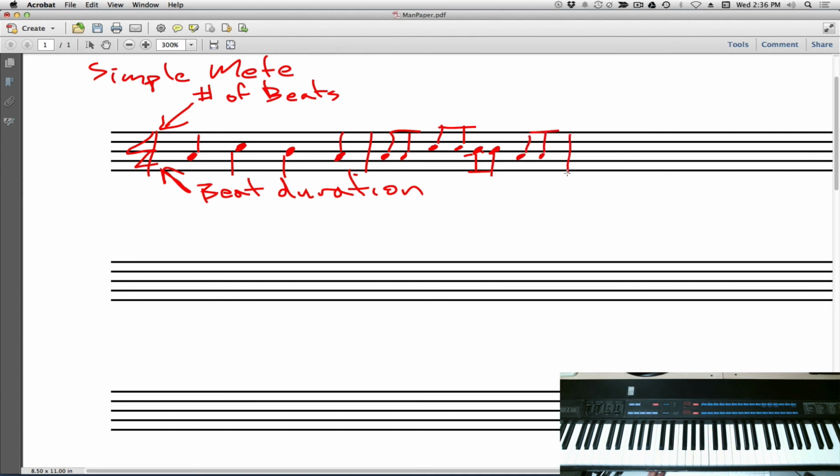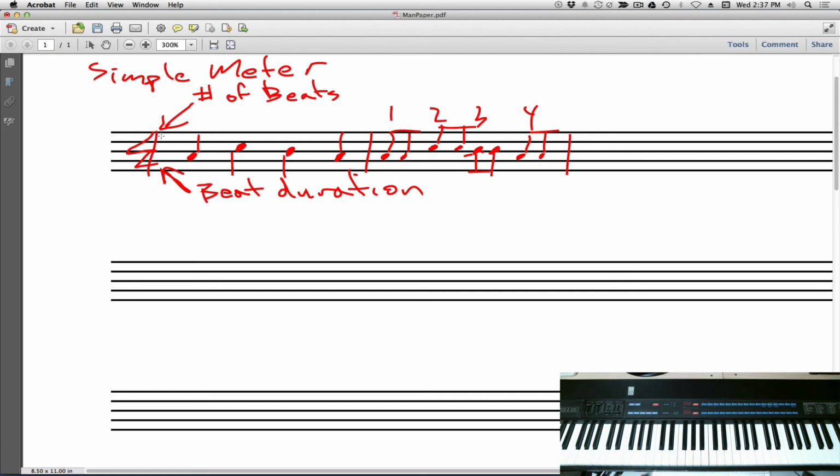Okay, so then we've got our beat here, right? So we've got our beat 1 is here, 2, 3, 4, and so that means that the beat is divided into even parts, 2 even parts. That's what gives us a simple meter.